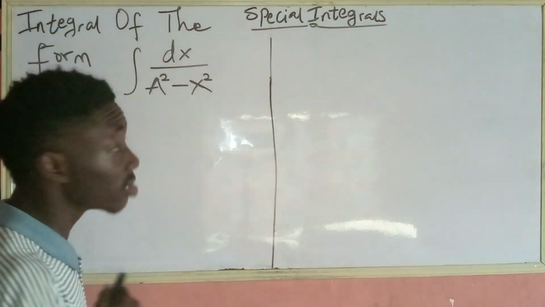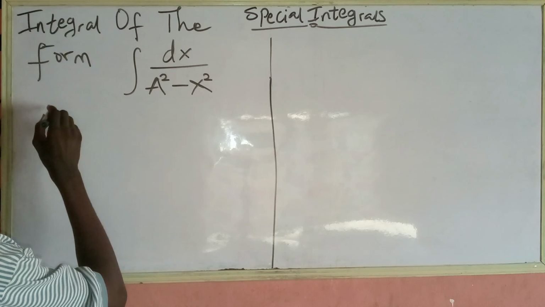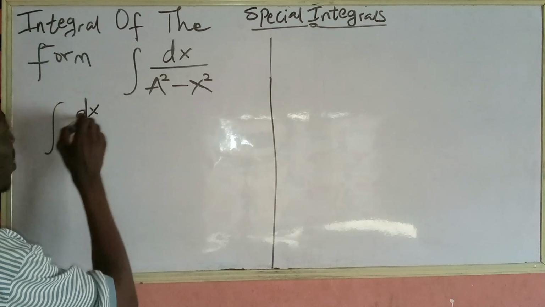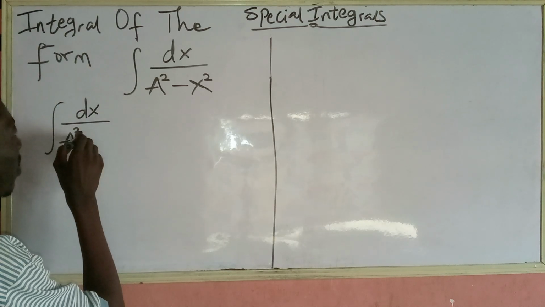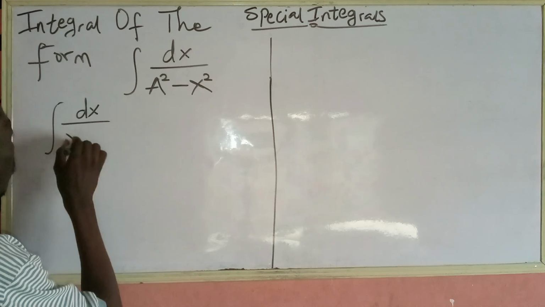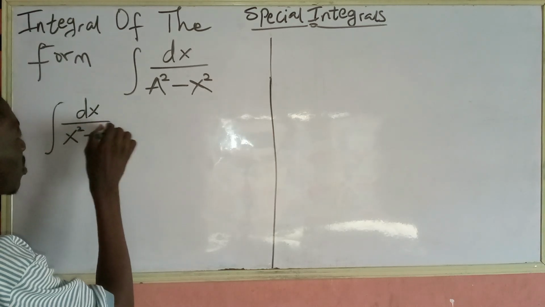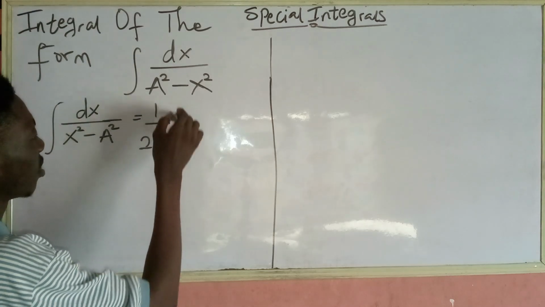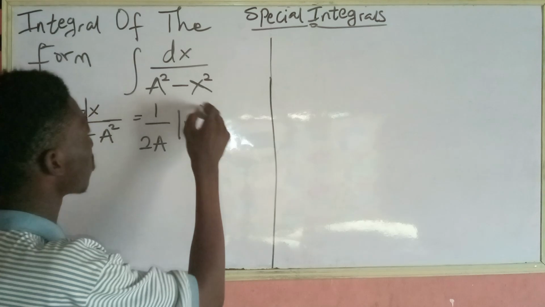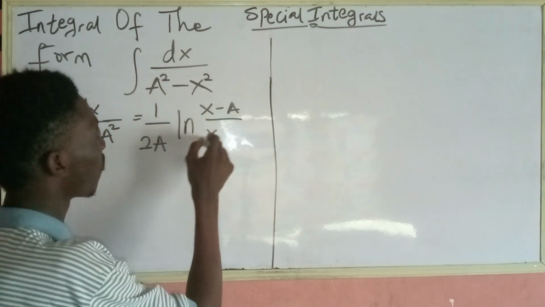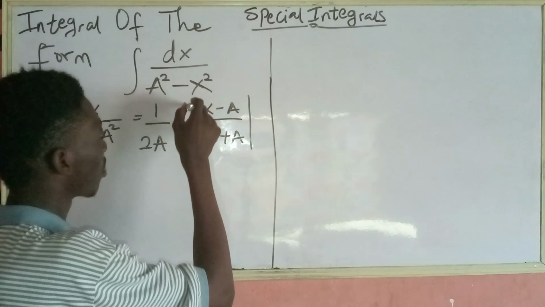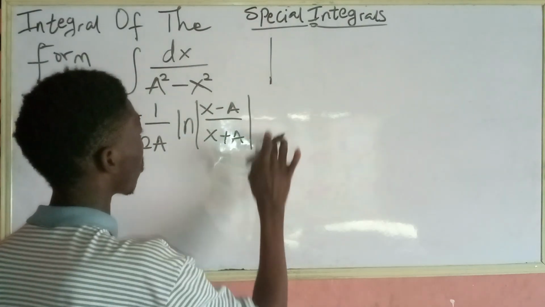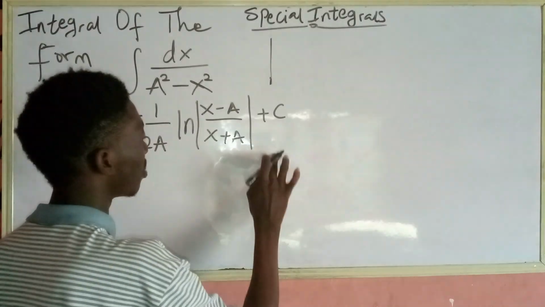So from this, I know that the integral of dx over x squared minus a squared is equal to 1/2a natural logarithm of the absolute value of (x minus a over x plus a), plus c.